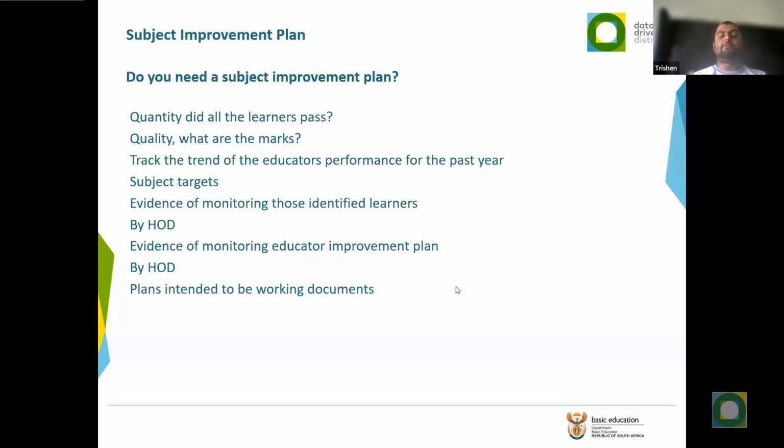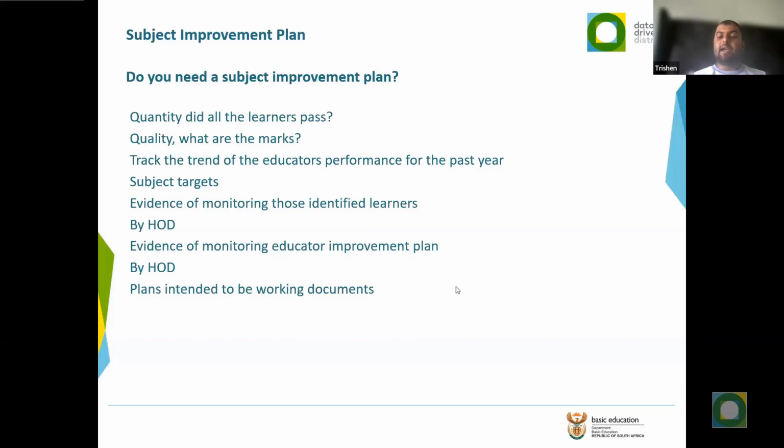So even in developing, for example, your subject improvement plan, you need to ask yourself the question, am I the right person teaching this, the right subject in the correct grade? Am I a subject specialist? In evaluating myself and checking my analysis trends over the last 3 to 5 years, am I really doing justice to the subject? Am I really doing justice to these learners?